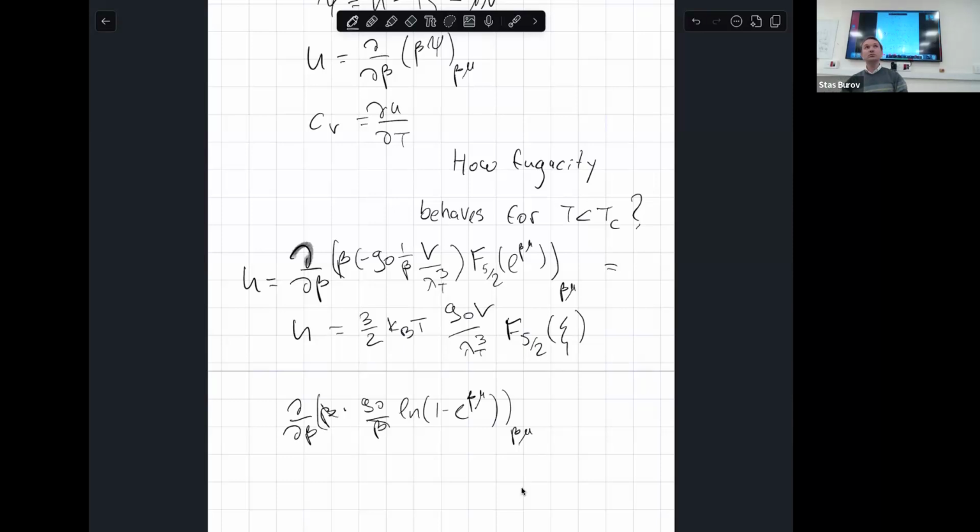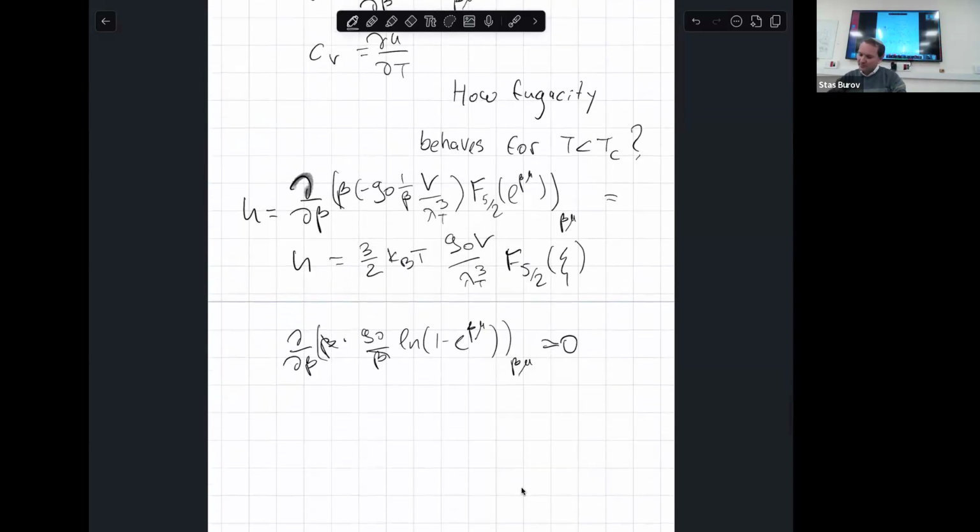Beta and beta cancel out. The only thing that depends on beta is beta mu, but beta mu is kept constant all the time. So all of this is simply 0. And this is clear. Why is it clear? What is the energy of the lowest state? 0. So I don't really care who sits over there because the energy is 0 and the contribution is 0. Okay. Great. So we have this.